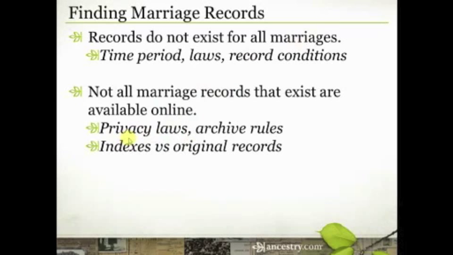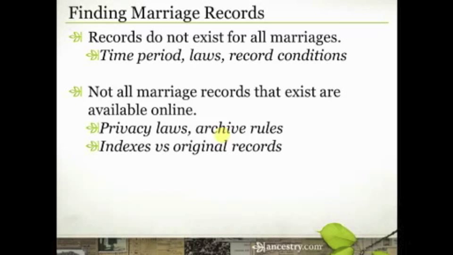Outside of formal state privacy laws, there are also rules at various archives about what records can and can't be accessed. I know I've been into archives where it's not that there are any privacy laws. There are records that are 200-300 years old, and they're in such a deteriorating condition that they're trying to figure out how to preserve those records or how to digitize those records without destroying them.